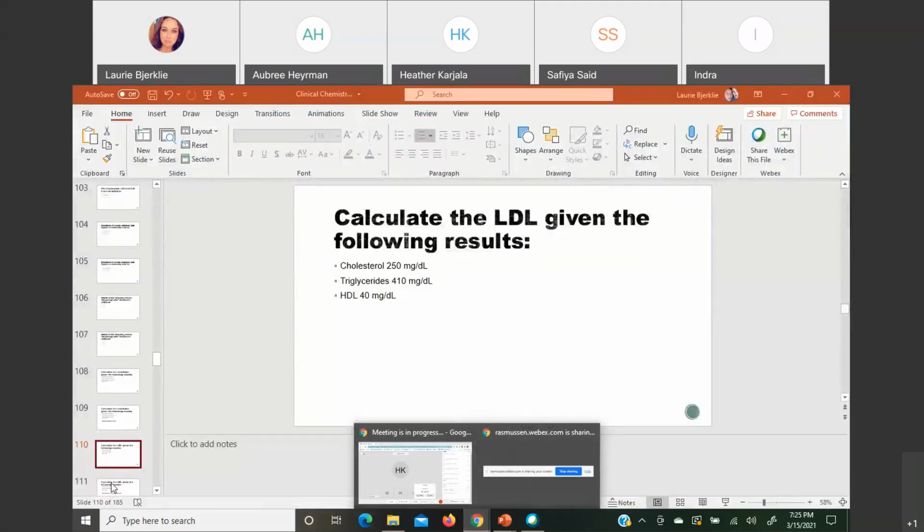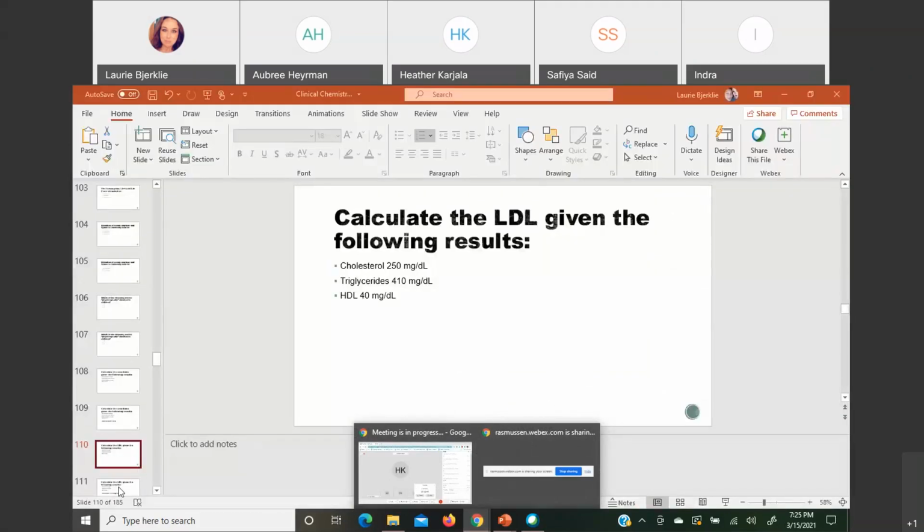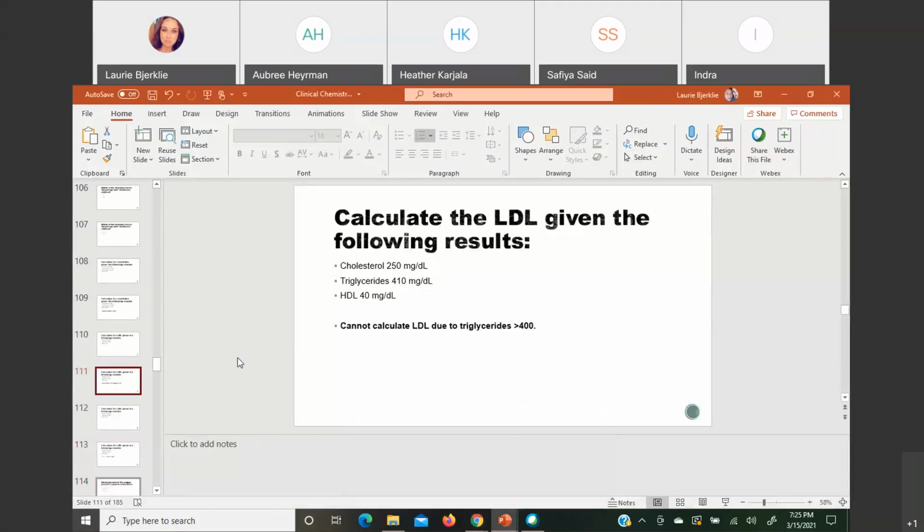Okay, so I see one answer. Again, I'm just going to go ahead and plow forward, because it's actually a trick question. You can't calculate your LDL whenever your triglycerides are above 400. In the calculation for LDL, you usually have to take triglycerides divided by 5 because that's going to estimate your VLDL value.